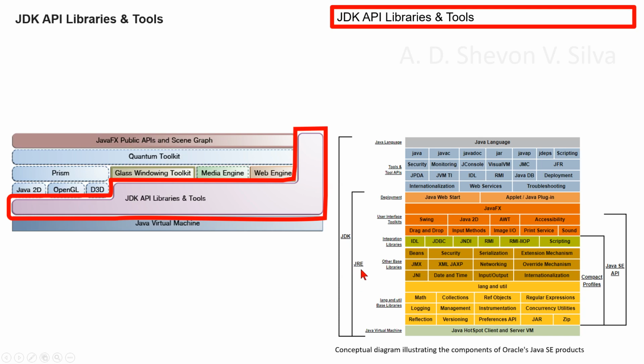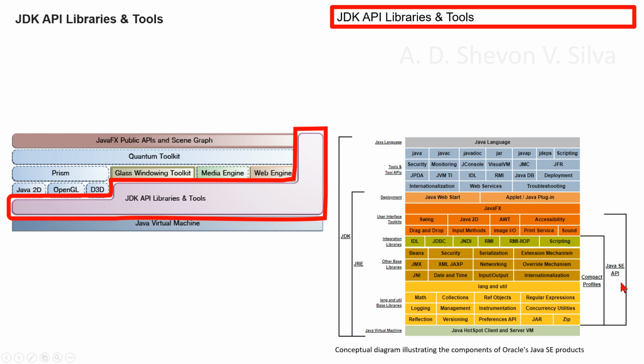JRE, Java SE Runtime Environment. The JRE provides the libraries, Java Virtual Machine, and other components necessary for you to run applets and applications written in the Java programming language. This runtime environment can be redistributed with applications to make them freestanding.